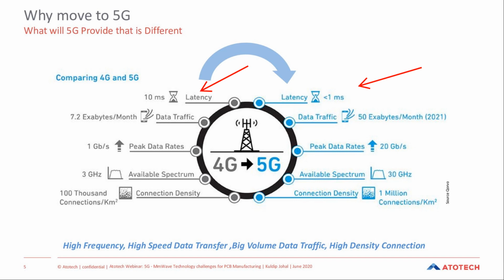So basically, what we expect to see is a much lower latency by tenfold. We expect data rates to obviously increase dramatically. And we also expect the available spectrum to be changed from the 3 gigahertz to the 30 gigahertz. And we expect connectivity density to dramatically increase to the 1 million connections per square kilometer.